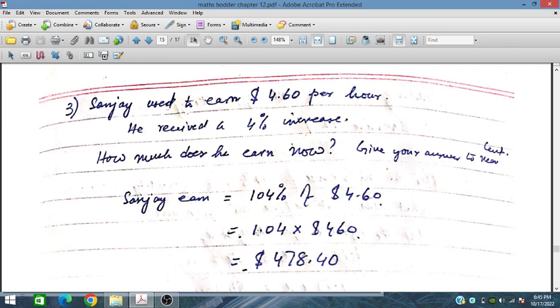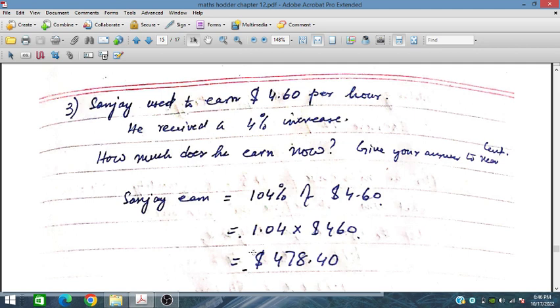Sanjay used to earn $4.60 per hour. He receives a 4% increase. The 4% increase means this rate has increased by 4%. So the new rate is 104% of this 4.60.